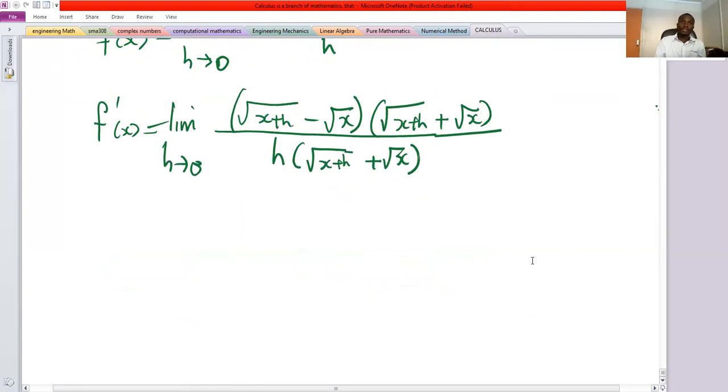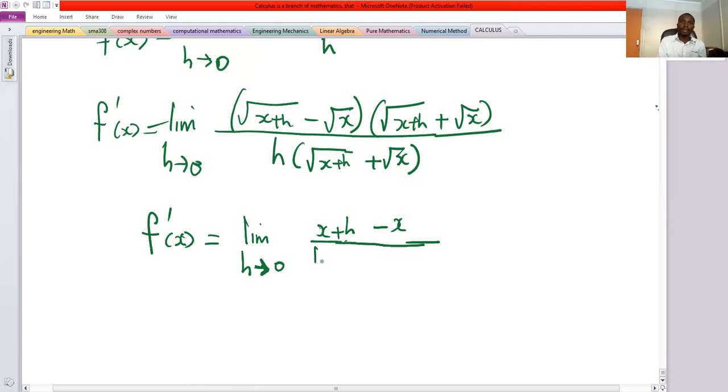So its simplification is the same as, so I have f prime of x is limit h approaching 0 of x plus h minus x divided by h, you don't have to open this, square root of x plus h plus square root of x.